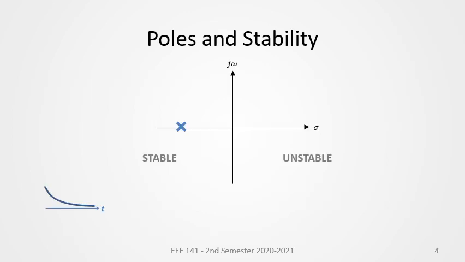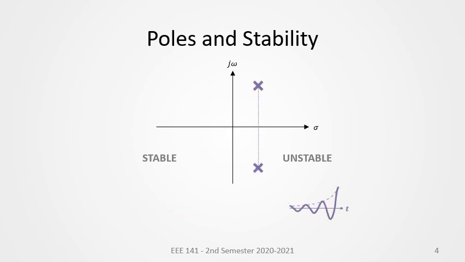To help us visualize better, a system with a pole along the real axis in the left half plane, or LHP, will contribute an exponentially decaying term in the time domain response. A complex conjugate pole at the left half plane will contribute an oscillatory term, but with an exponentially decaying envelope.